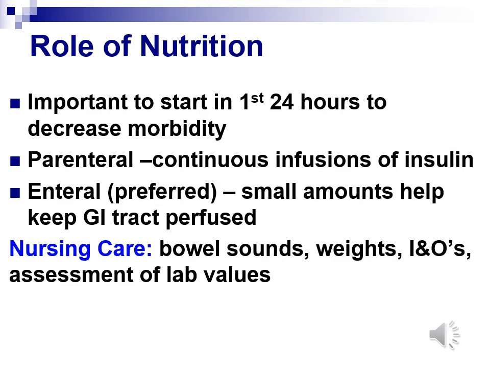And here is the role of nutrition, which again is important. Remember, I said that malnutrition can exacerbate a client's resistance to infection. So it's important to start in the first 24 hours. If it is parenteral, we want to possibly administer continuous infusions of insulin based on that hyperglycemic state which can be occurring.